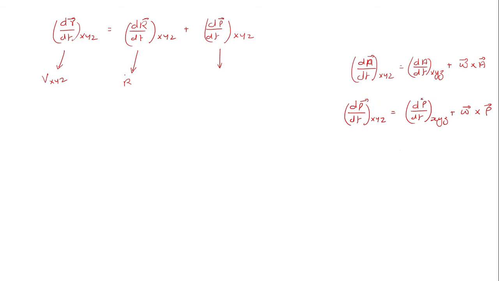All are vectors. Now d rho by dt with respect to small xyz is actually the velocity of the corresponding point P with respect to the moving frame small x, small y, small z. So this equation turns out to be in this format.